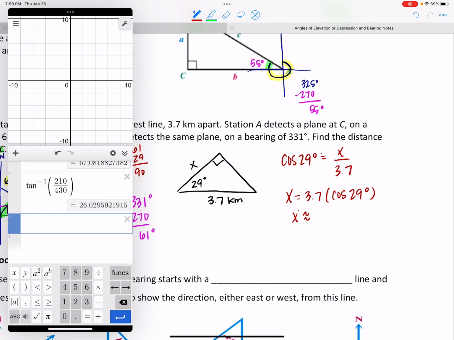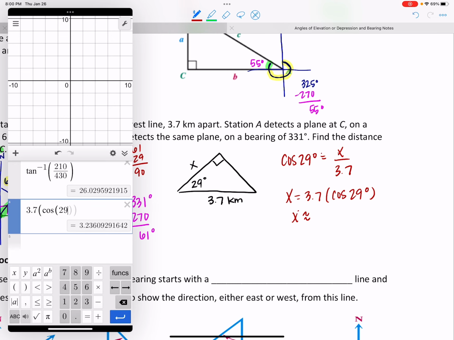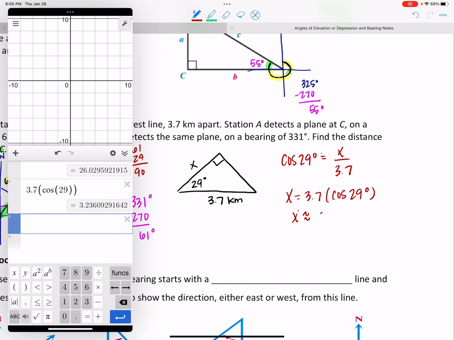So let's go 3.7 multiplied by the cosine of 29, and I just want to make sure I'm still in degrees. Yep. Okay, so this is 3.24-ish, or units kilometers. And we're good.